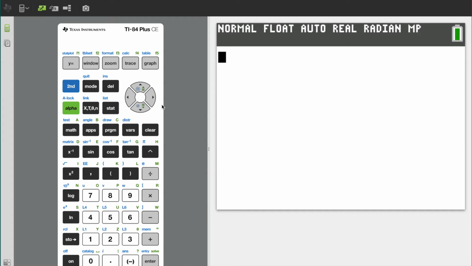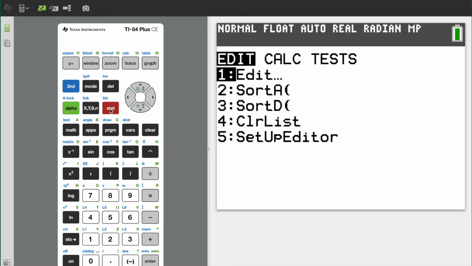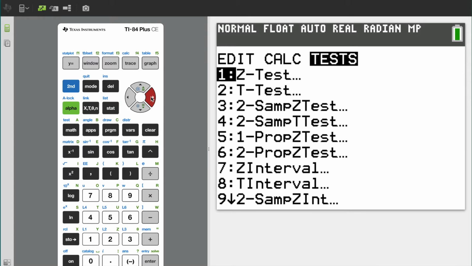Okay, and the function you're going to go to is the stat button. If you hit stat and go over to the test menu, this is going to be one of the main menus for the rest of the course. This is going to be used in chapters 8 and 9 a great amount. Now, we said this was a proportion problem, so we need to go to 1 prop z interval.